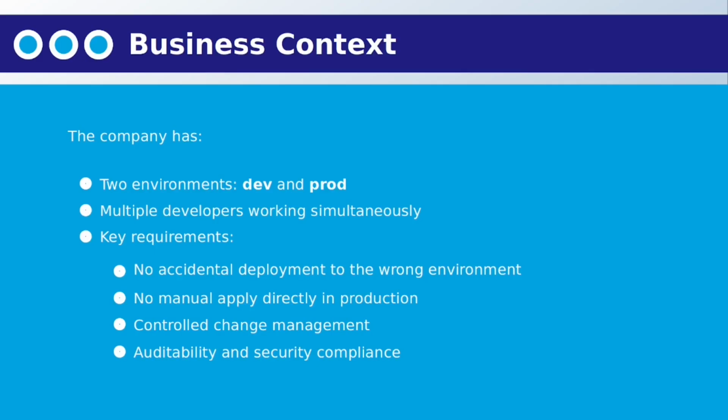The key question becomes, how do we operate Terraform safely in an enterprise? Not just how do we write Terraform, but how do we control it? That is the problem this architecture is solving.